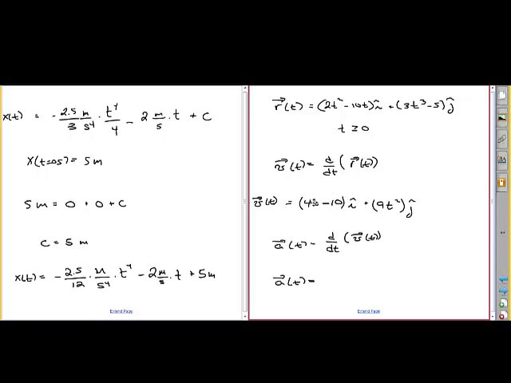Derivative of 4t is just 4. The derivative of the constant is 0, so we just get 4i, plus the derivative of 9t squared, which is 18t, times the j vector. So in this case we have constant acceleration in the x direction and linearly varying acceleration in the y direction.